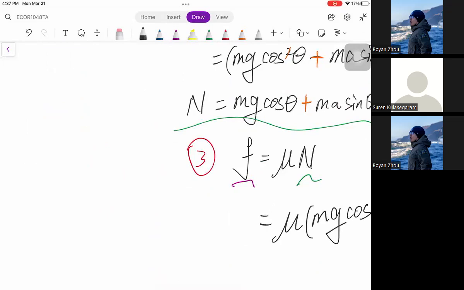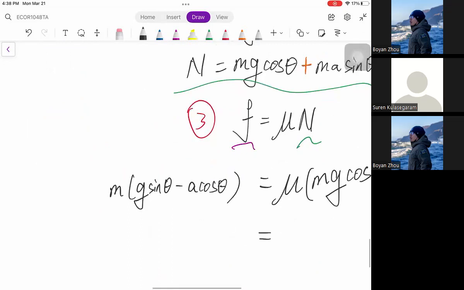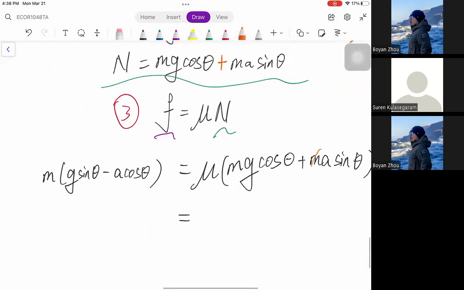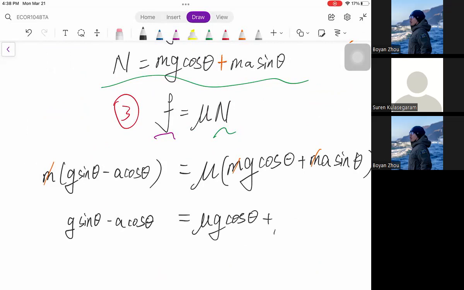Let me see. Yep. g sine theta minus a cosine theta. So you can see the mass is going to cancel out. So the left hand side is g sine theta minus a cosine theta. The right hand side is mu g cosine theta plus mu a sine theta.